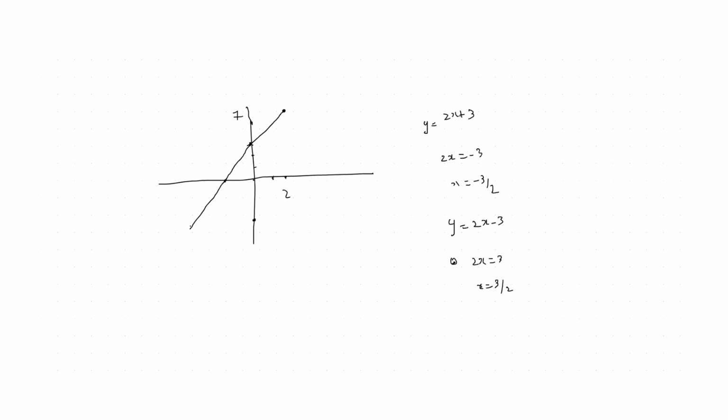The graph will be a straight line. Up to 2, it becomes 1. So this is the gap, a jump. My whole curve is from here and then here. So this is not continuous.